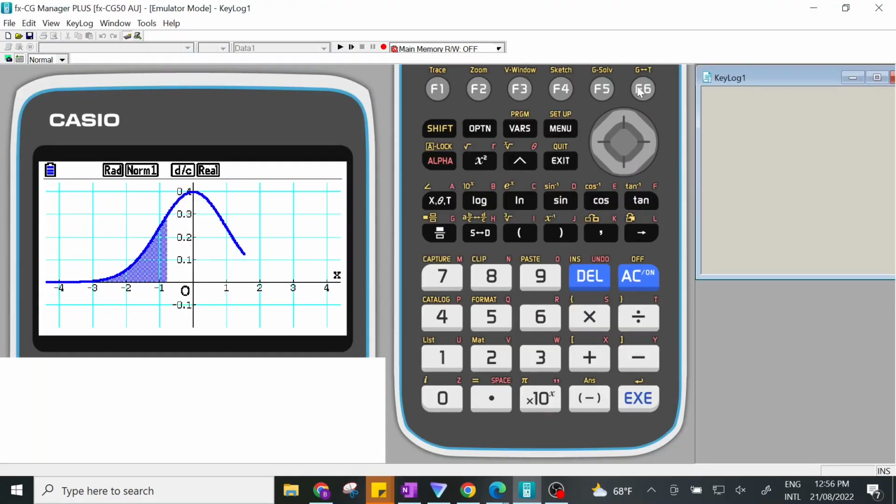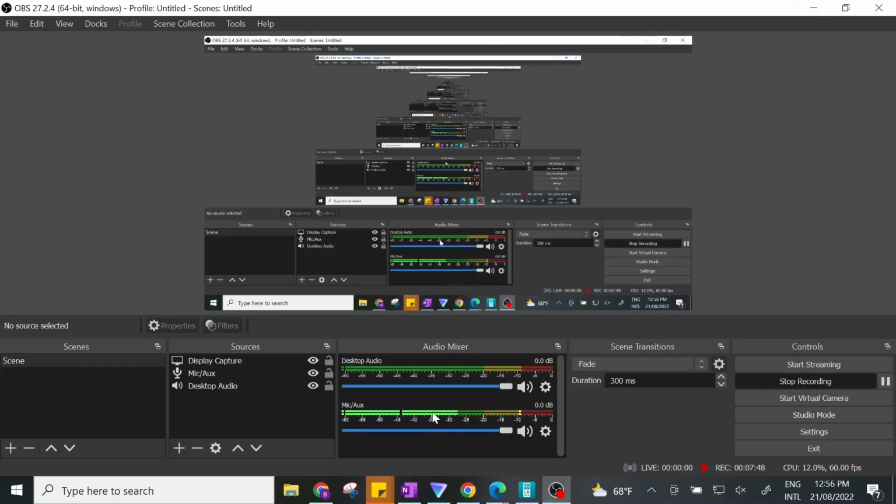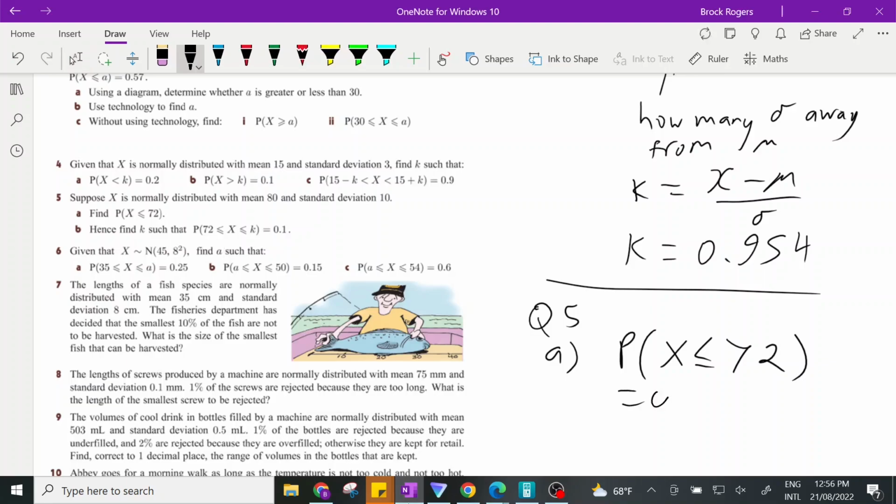Draw me. Okay, so that area there is 0.212. Oh my God, I keep doing that. All right, then part B, find the probability of 72 < x < k is 0.1.